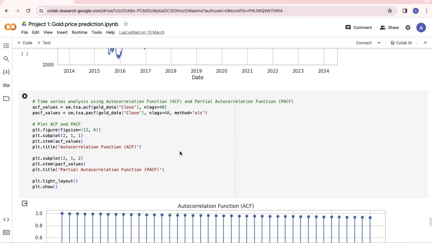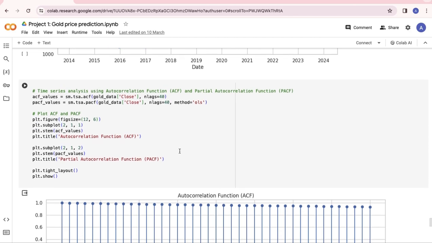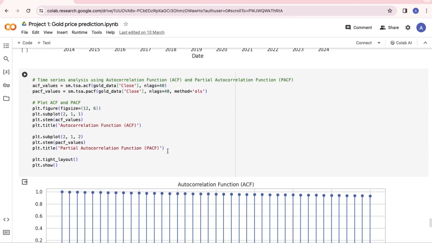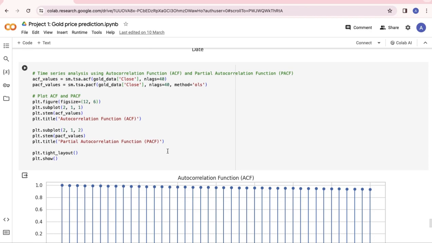Next, I perform time series analysis using the autocorrelation function and partial autocorrelation function on the close prices of gold data. The autocorrelation function for the close prices of gold data is calculated, and then the number of lags included in the ACF calculation is set to 40 in this case.